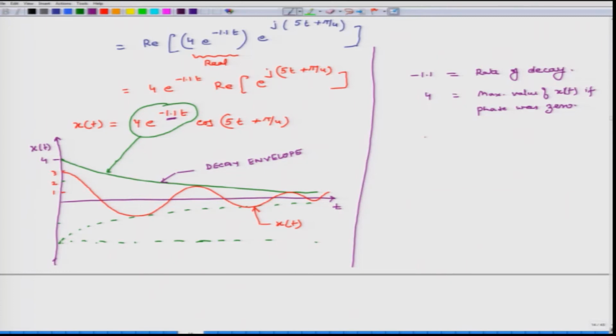Next thing is 5. So, we have taken care of this one and this one. Let us look at 5. What is 5?